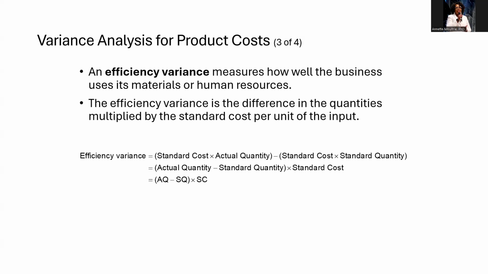Okay, so the efficiency variance measures the difference in quantities, or actual quantity of input used less the standard quantity of input allowed for the actual number of units produced, multiplied by the standard cost per unit of the input. For example, if the actual quantity exceeds the standard quantity, the variance is unfavorable.